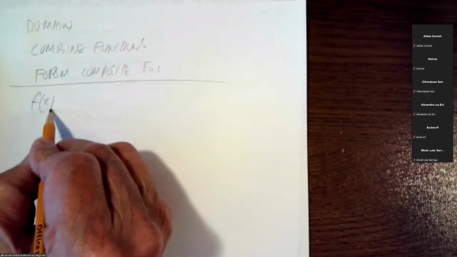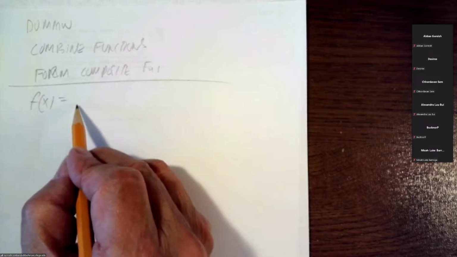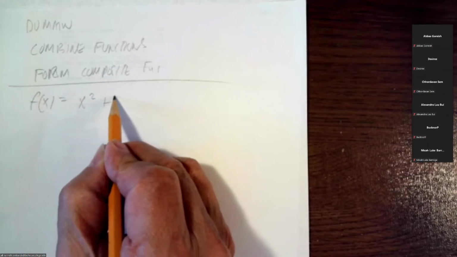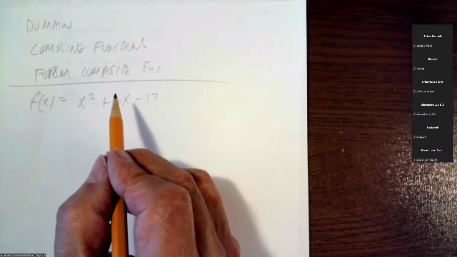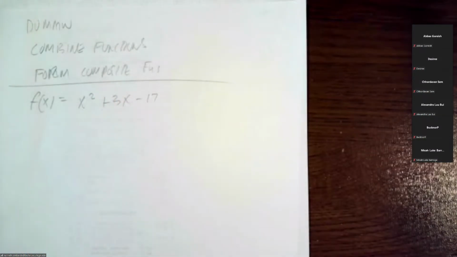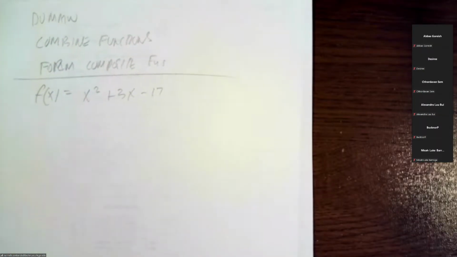F of x equals x squared plus 3x minus 17. And I ask you for the domain. What would you give me for the domain for that function? Anybody?